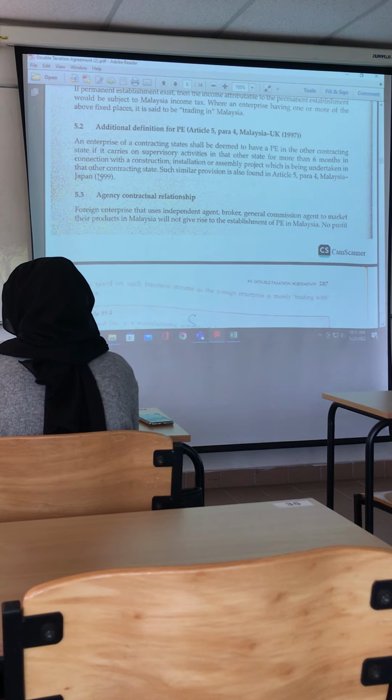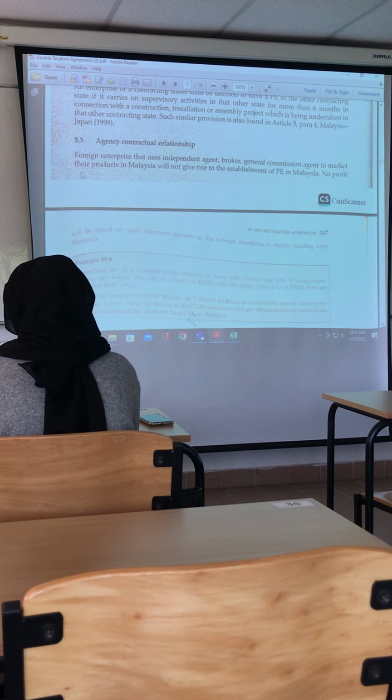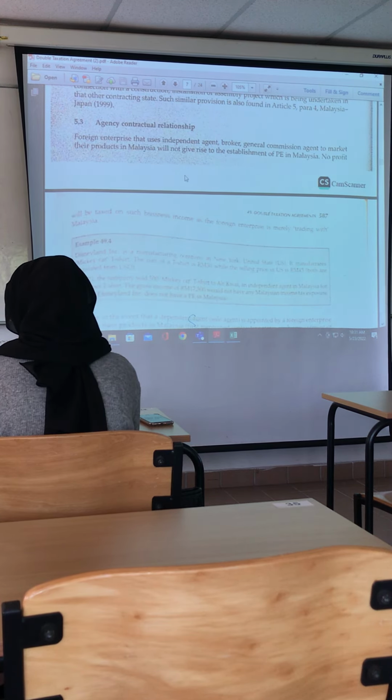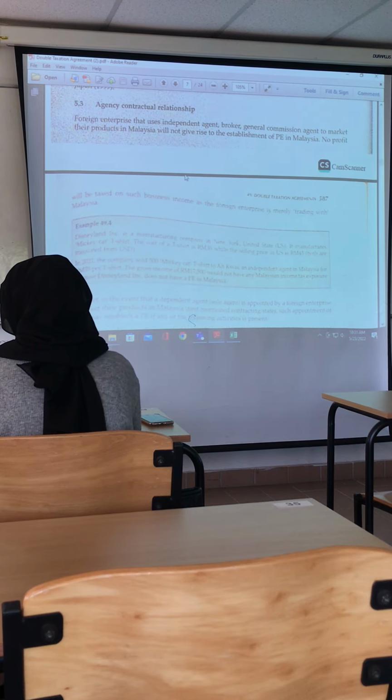So when you have an agent, or what is called agency, right? A foreign enterprise that uses an independent agent, broker, or general commission agent to market their products in Malaysia will not give rise to the establishment of a PE. So kalau you ada agent, tak ada PE. So bila you tak ada PE, you don't have to pay tax lah, right? Because they are merely trading with Malaysia.